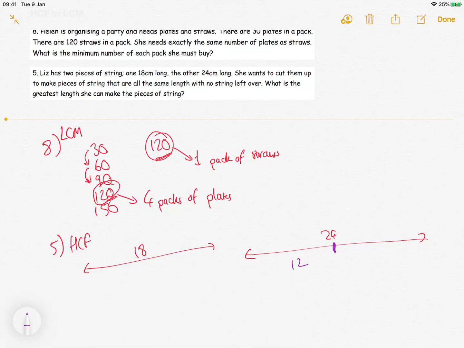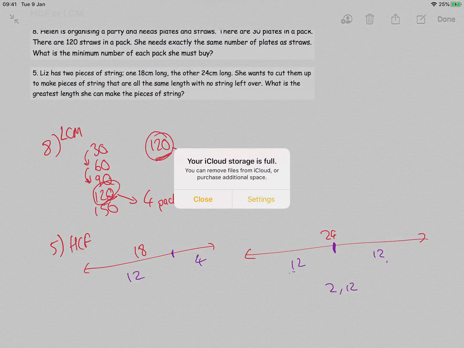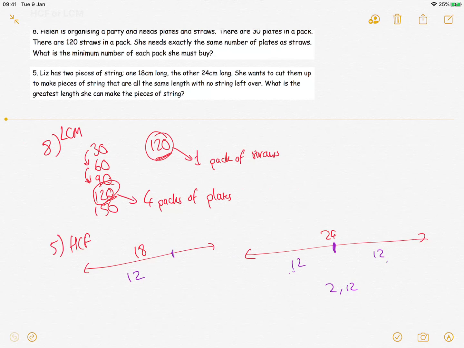If I split this in two, then I can see that I've got a factor of 24 because I've got two lots of 12, so it's like writing out 2 and 12. But then if I want them all to be the same length, if I split this into 12, I'd have 4 left over, so I can see that that doesn't fit the criteria of being the same length.